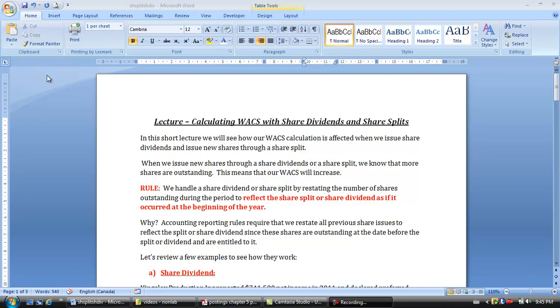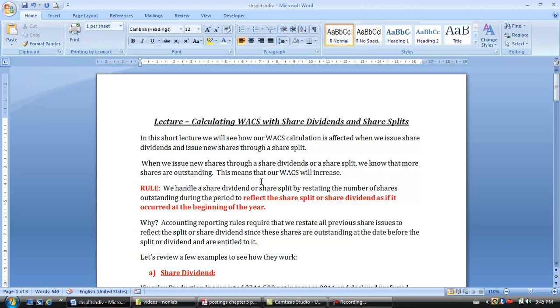We know that whenever we issue new shares, whether it's through a share dividend or a share split, more shares are going to be outstanding. So that's just going to mean that your weighted average common shares outstanding are going to increase. Now, how do we actually use this information to help us calculate our WACS?